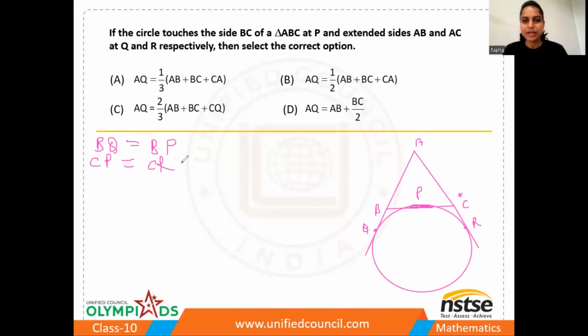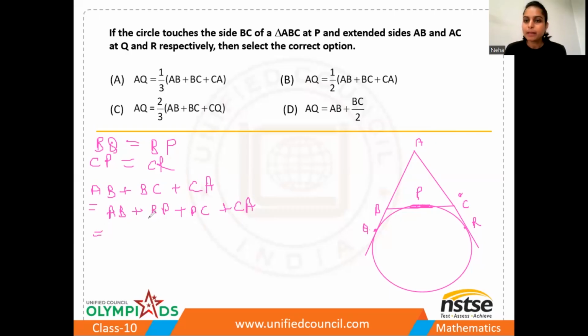Perfect. Very good. Now, they are talking about the sum of these three sides, that means the perimeter of the triangle, which is AB plus BC plus CA. We can write AB plus BC, and I can write BC as BP plus CP, plus CA. Now, my dear students, what can I do here?